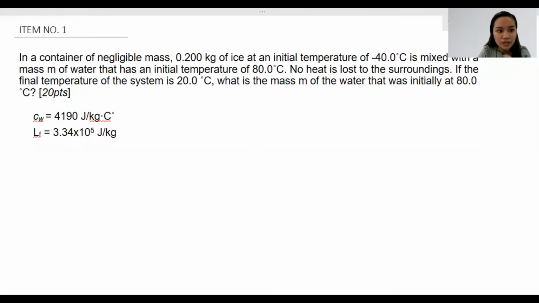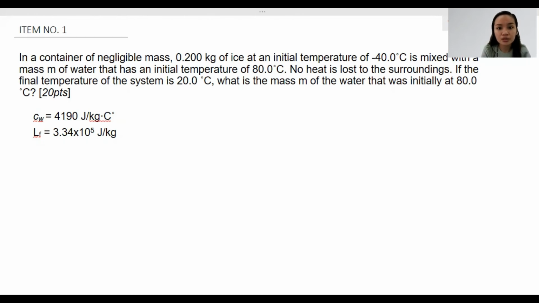Now for this next problem, this is item number one for the quiz. In a container of negligible mass, 0.2 kilogram of ice at an initial temperature of negative 40 degrees Celsius is mixed with a mass M of water that has an initial temperature of 80 degrees Celsius.